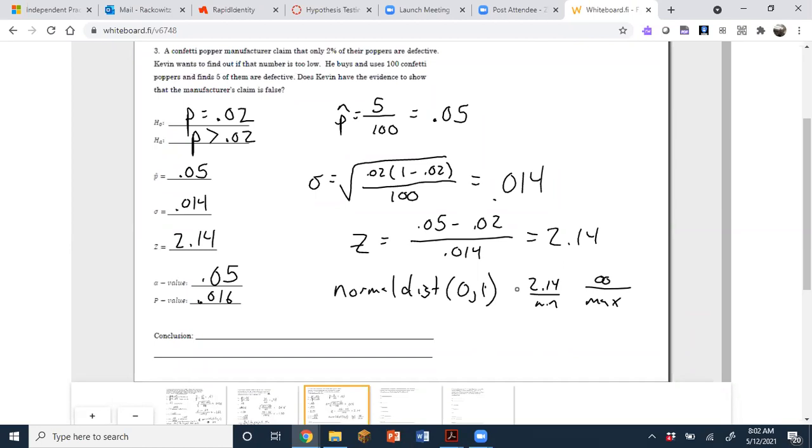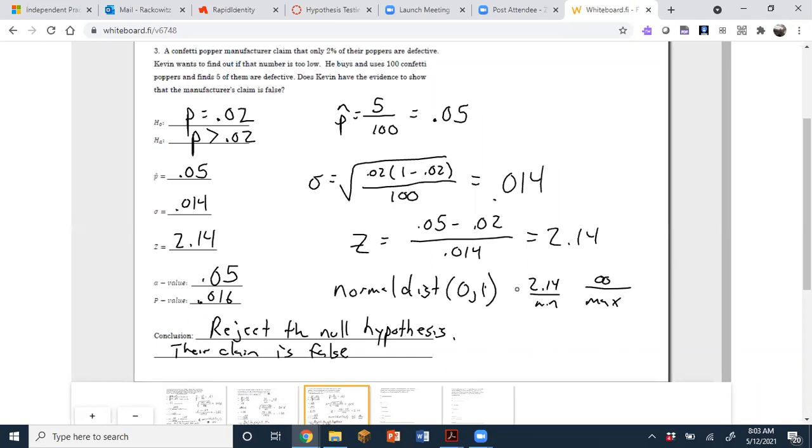So this is 0.016, which is less than 0.05. So we can reject the null hypothesis. Their claim is false.